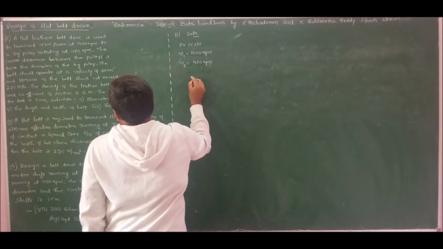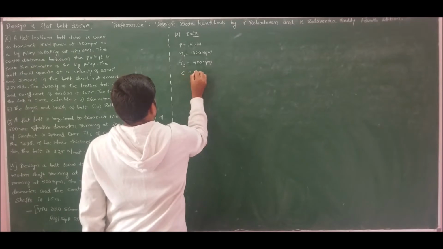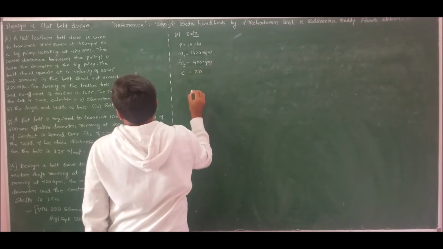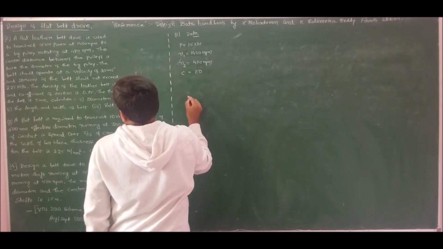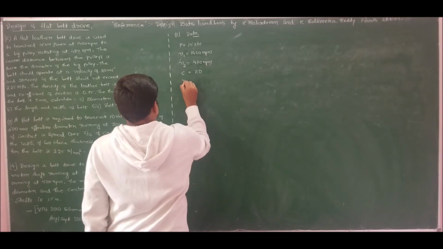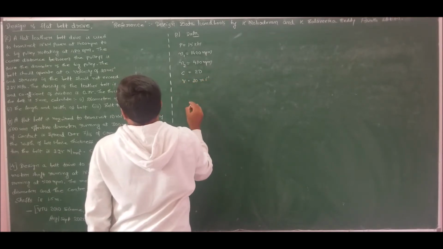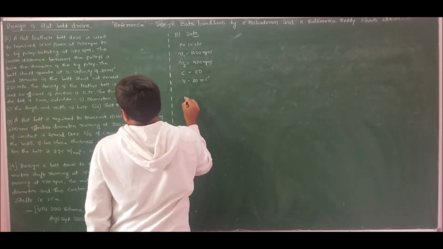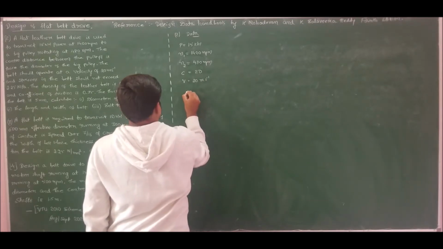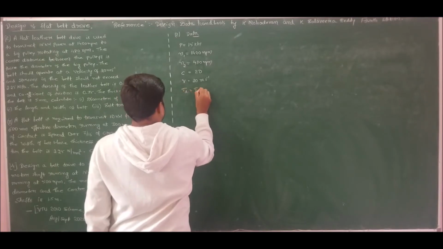The center distance between the pulleys is twice the diameter of the big pulley, so center distance is 2 times diameter of big pulley. The belt should operate at a velocity of 20 meters per second and stresses in the belt should not exceed 2.25 megapascals. So therefore design stress, that is sigma 1, is 2.25 megapascals.